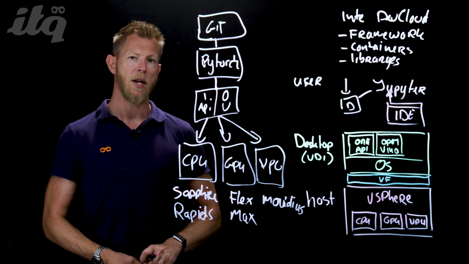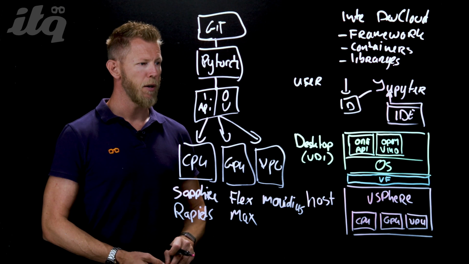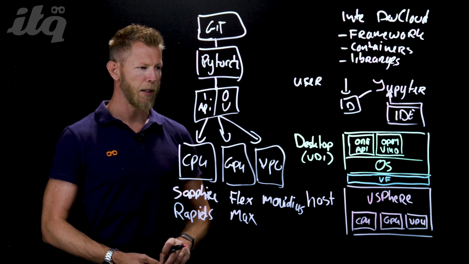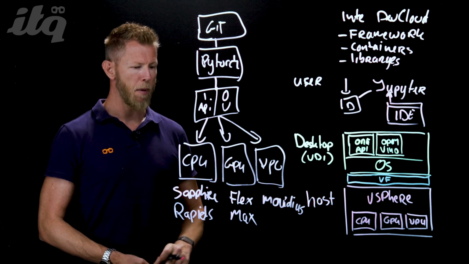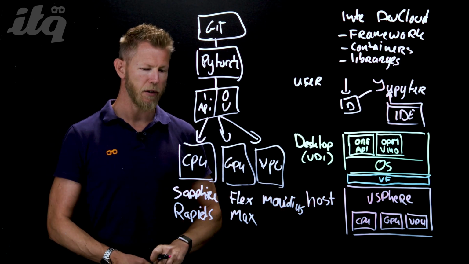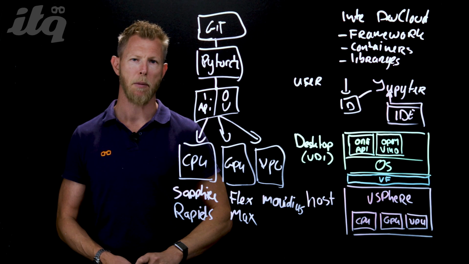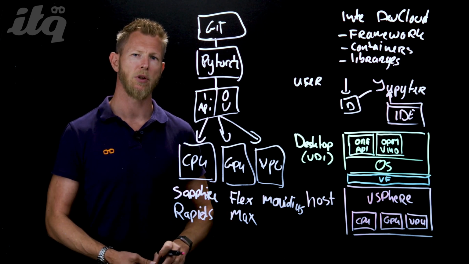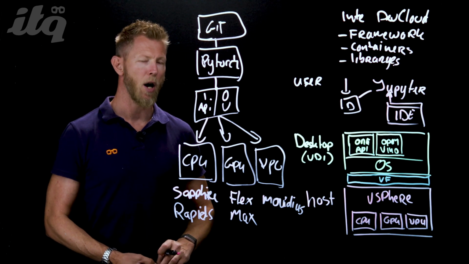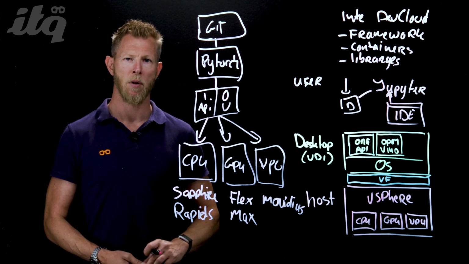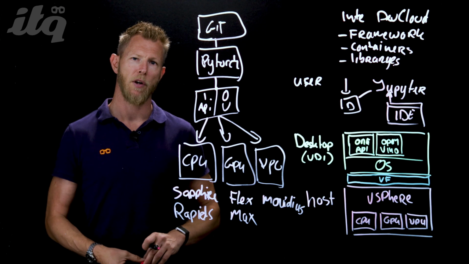Now, in the next video, so there's going to be a third video, I'm going to talk again about the VDI platform and the Flex and Max series. But I'm also going to talk about the endpoint, because quite often we see that the endpoint is an undervalued component of an end-to-end stack.